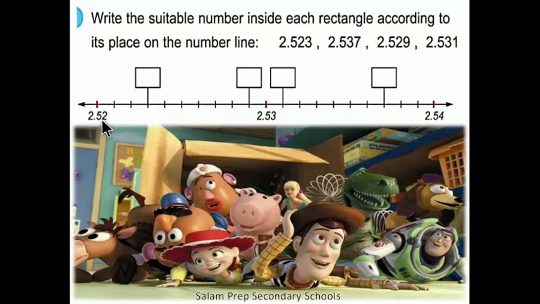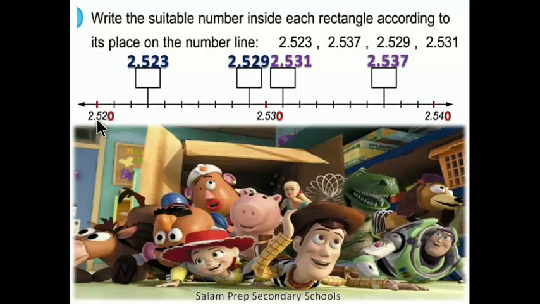Okay, so to solve this problem, we need to put 0 after 2, like this. Put 0, the number is 2 and 520 thousandths, 2 and 530 thousandths, 2 and 540 thousandths. Now we can write the decimal part.